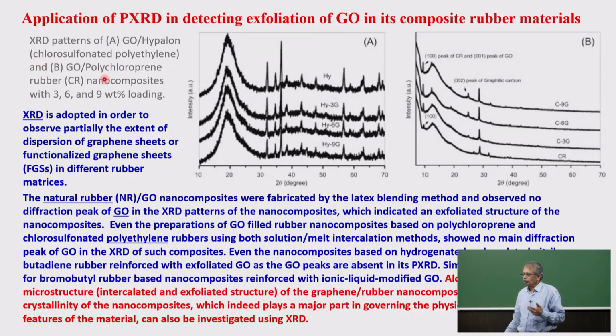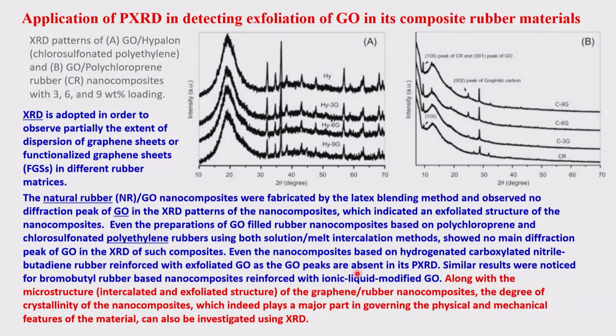Another rubber is polychloroprene rubber. There are a few more in this paragraph. If you go through that, you will find chlorosulfonated polyethylene kind of rubber, and hydrogenated carboxylated nitrile butadiene rubber. Okay, so in all these you can introduce this graphene oxide which has got the layers.